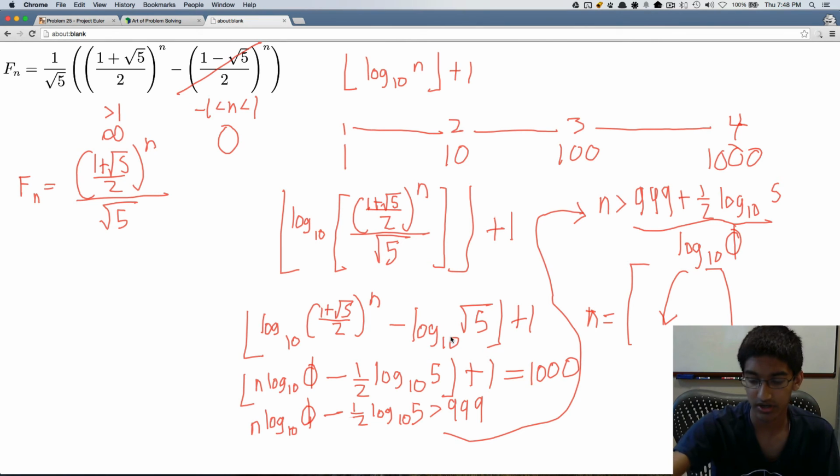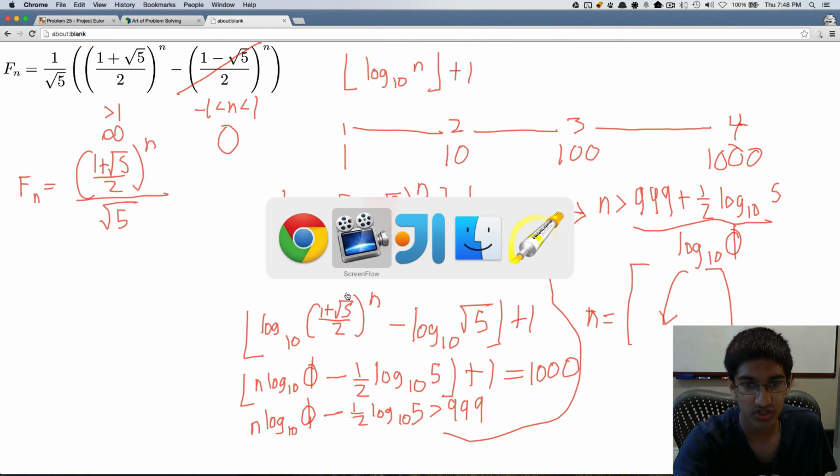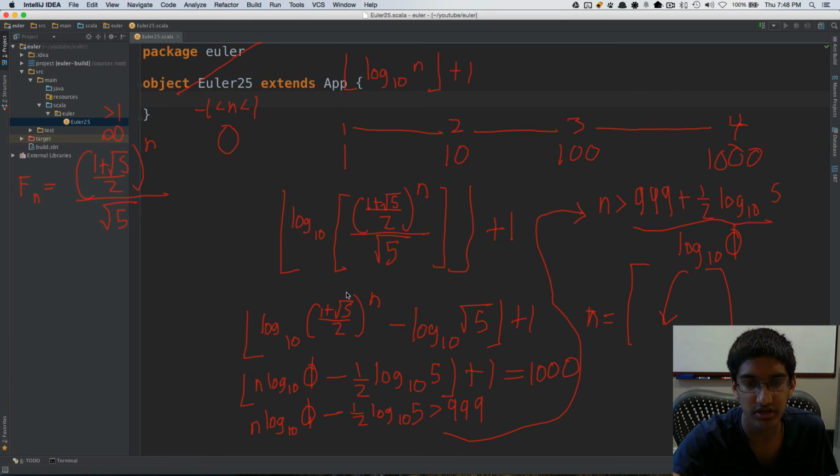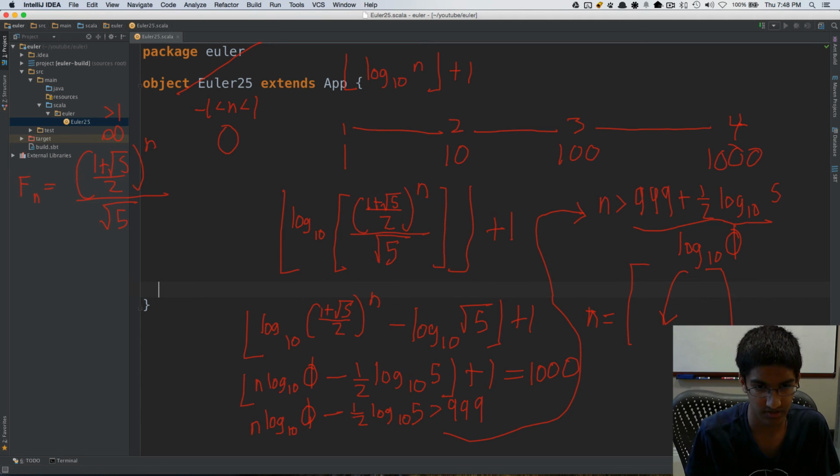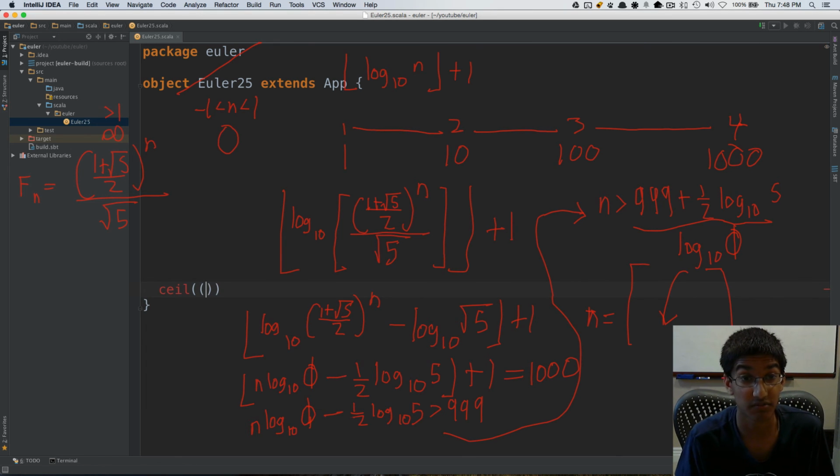So I'm going to switch over to IntelliJ. Let me find some empty space down here. I'm just going to quickly copy over the formula over here. So we have ceil, this is not actual code, but just so that I can remember before I clear this out.